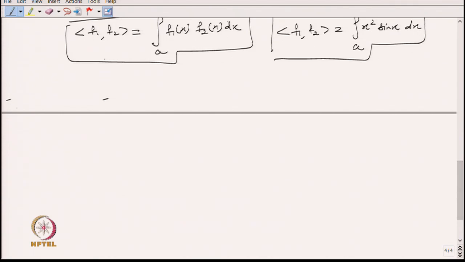Now, with the help of this, I will define what we mean by the adjoint operator.